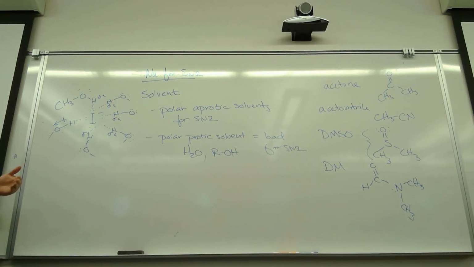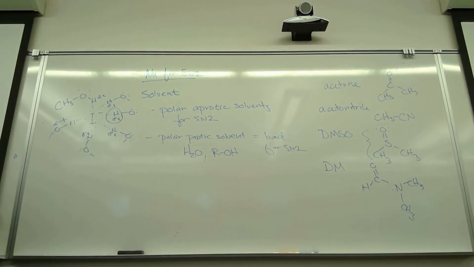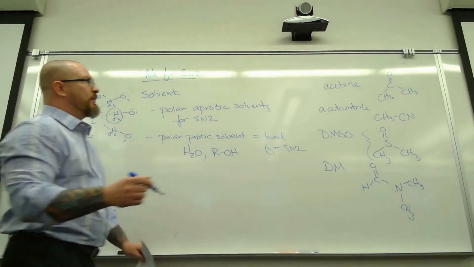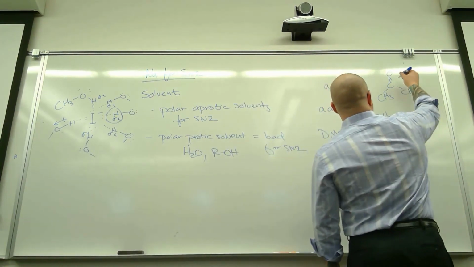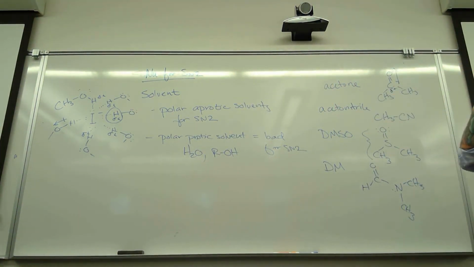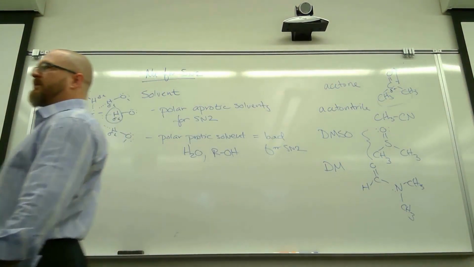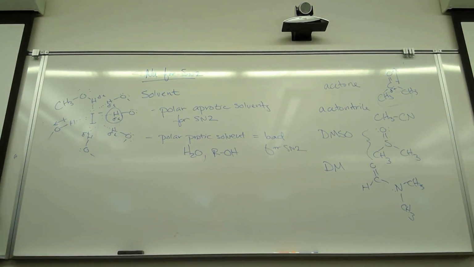Whereas if you put it in a polar aprotic solvent, which doesn't have this accessible partial positive charge, it retains its nucleophilicity. So you say, yeah, but Dr. McGill, this has a partial positive charge here on the carbon. You'd be correct. However, it has these methyl groups which make it less accessible. They can't crowd up around the nucleophile as a solvent in the same way.